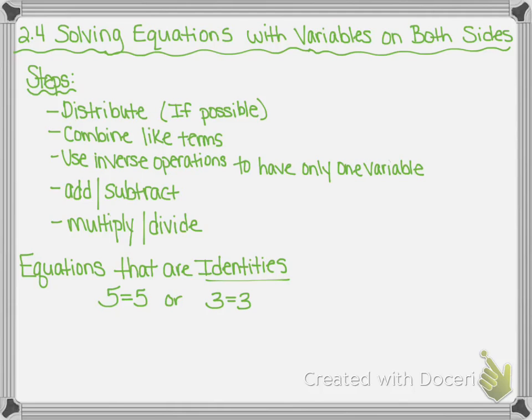You can put in 3 and your equation will solve out. One side will equal the other, or you can put in 2 and one side will equal the other. So when we're solving the equations, we'll call them identities, but also know that they are called all solutions.